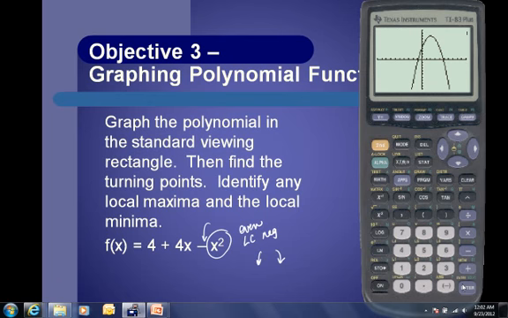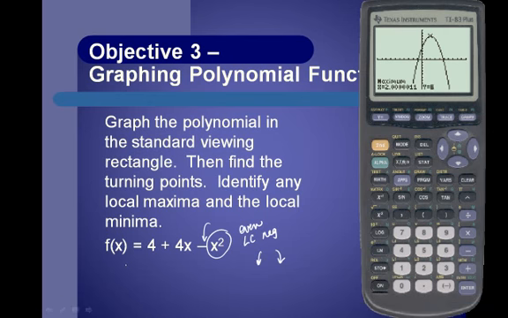Guess, we don't need to guess, we just press enter, and that tells us that our maximum is at 2, 8. So our turning point is 2, 8. Because that is the highest point of the whole graph, the local max and the absolute max is going to be 8.